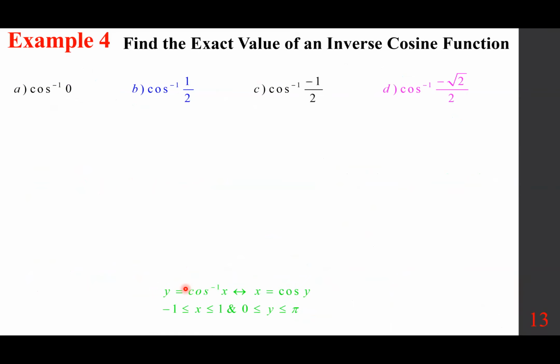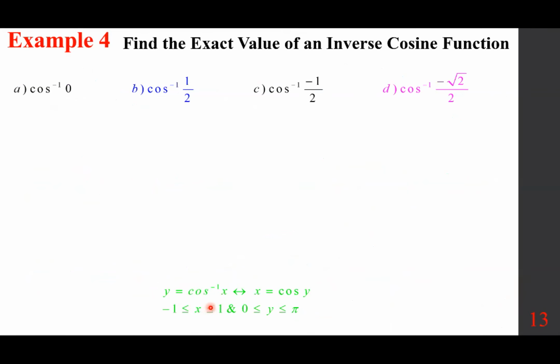Again, just reminding you that if y is cosine inverse x, that means x is cosine y. X is between -1 and 1, the domain, like the range of cosine, and y is restricted between 0 and pi because that was the decision we made on the domain for the cosine.